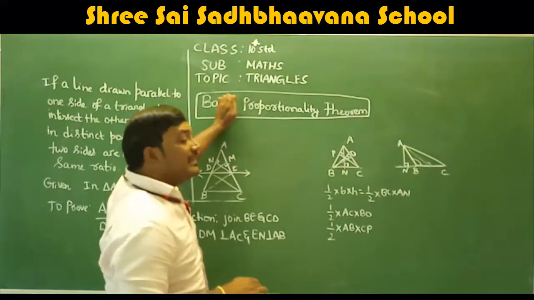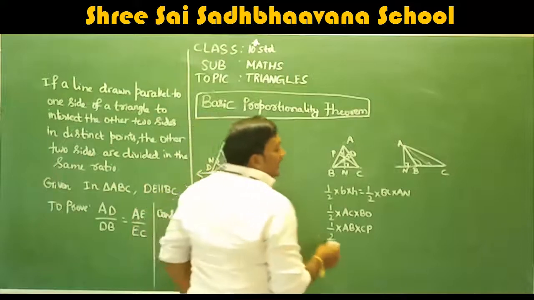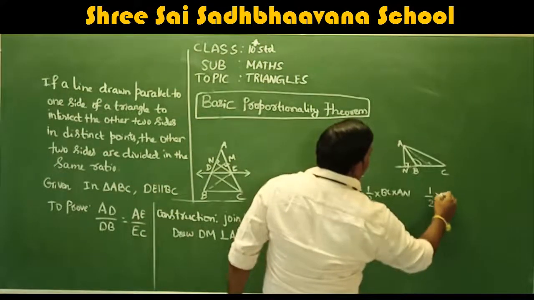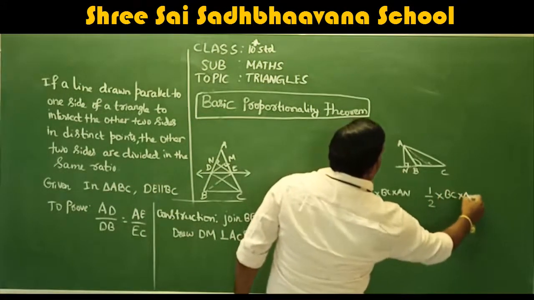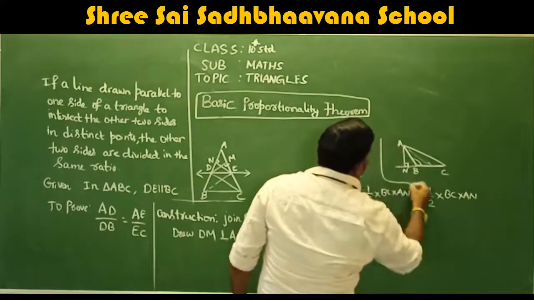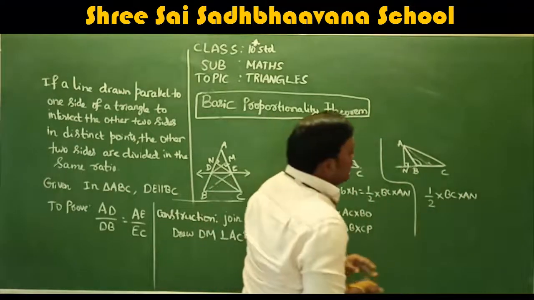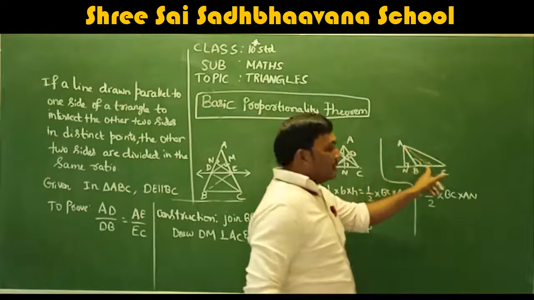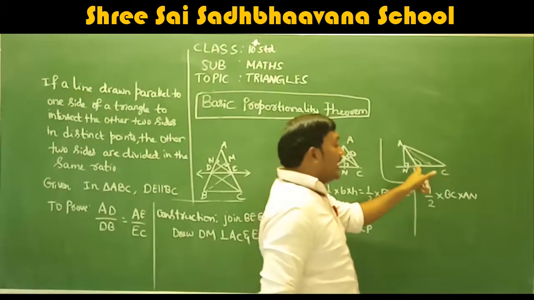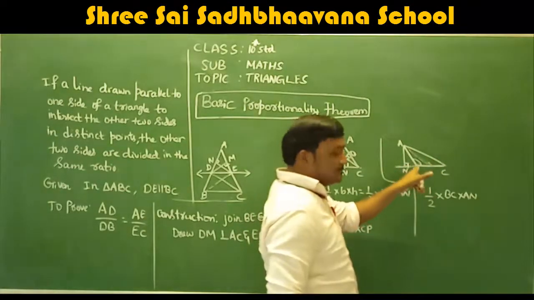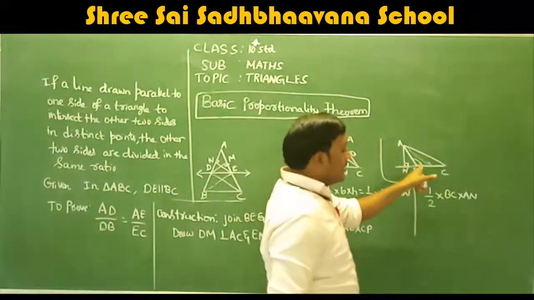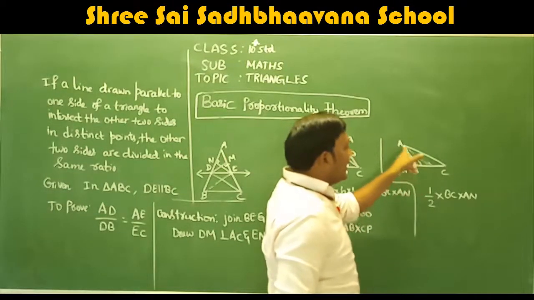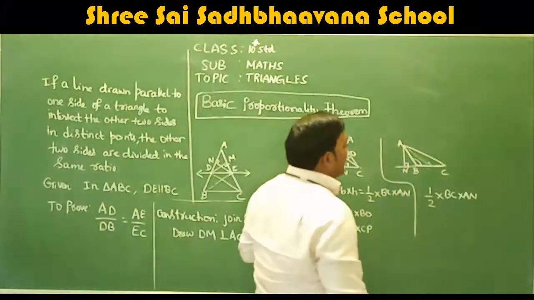I will consider AN as the perpendicular. So my area will be half into BC into AN for this triangle. We cannot draw a perpendicular from A directly, so I extended the line segment BC and drew a perpendicular, which is considered AN.